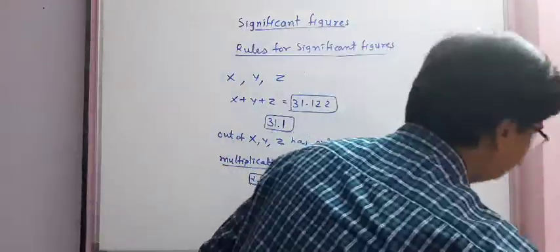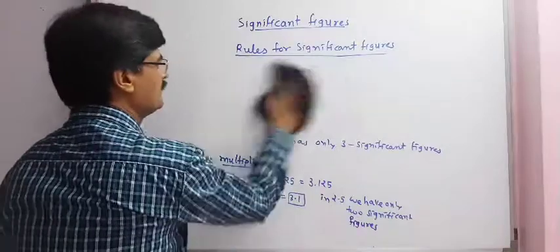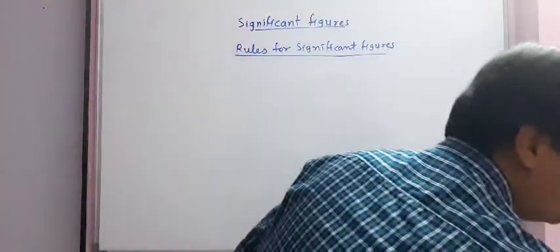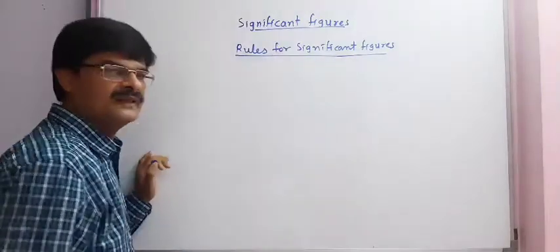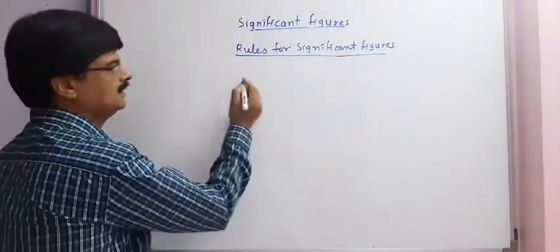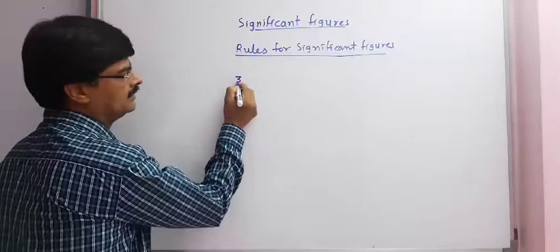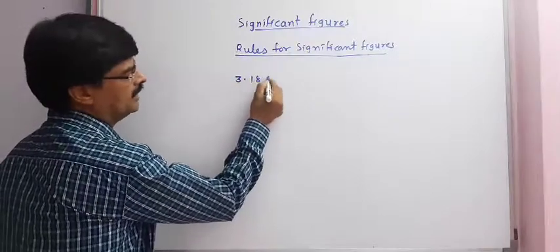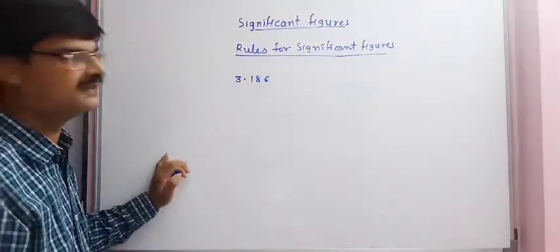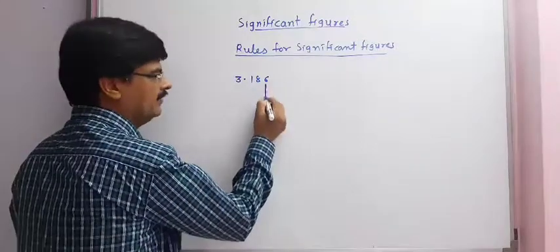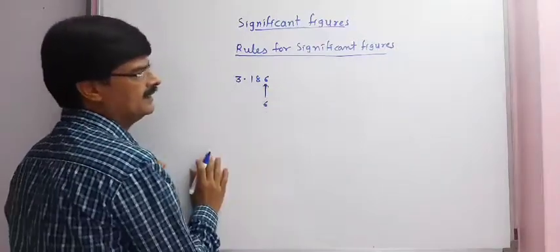Also, when we round off a significant figures answer, let's take the example 3.186, and we have to remove the digit 6.